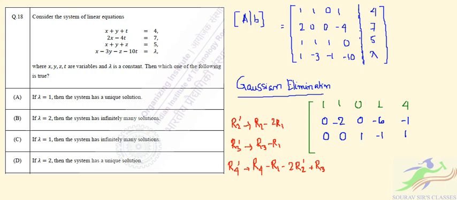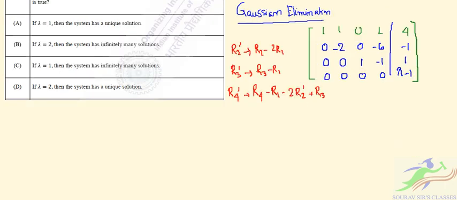After this operation, the row will be 0, 0, 0, minus lambda minus 1. Now we have two situations: lambda not equal to 1, and lambda equal to 1.